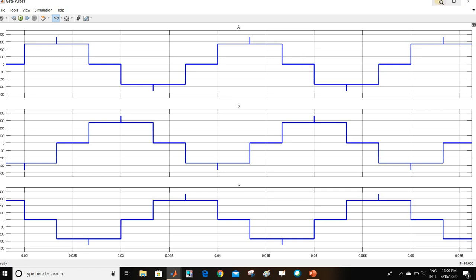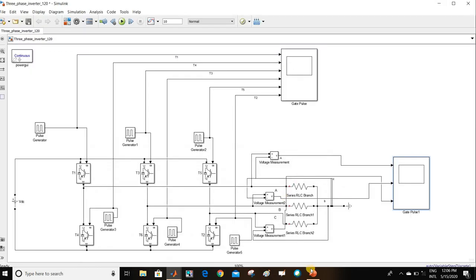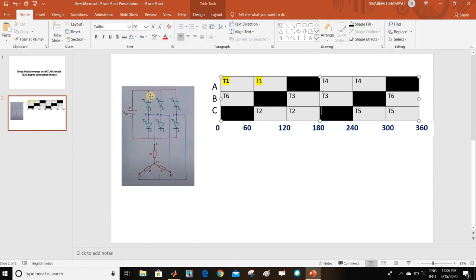Now if you see the circuit diagram, consider 0 to 60 degrees. For 0 to 60 degrees, you can see T1 and T6 are under operation. That means phase A and phase B are connected, but for phase C all the switches will be open circuited.